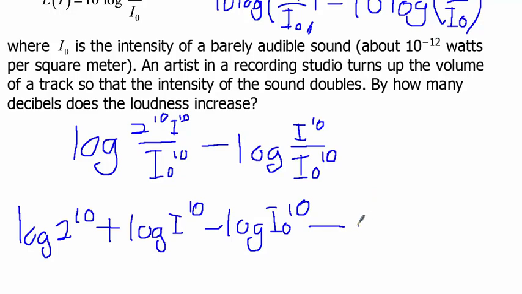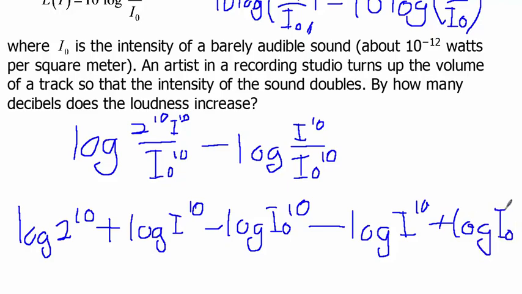Then because this is already subtraction, the numerator is subtracted and the denominator becomes added. And even if we plugged in the barely visible sound in here, they would end up canceling out. Log of the initial sound minus that sound, log of barely audible decibel plus that. So those all cancel out, and the only thing that I have is log 10 2 to the 10th power.